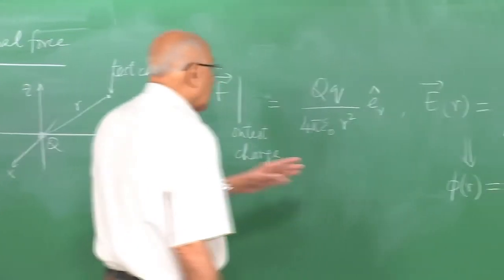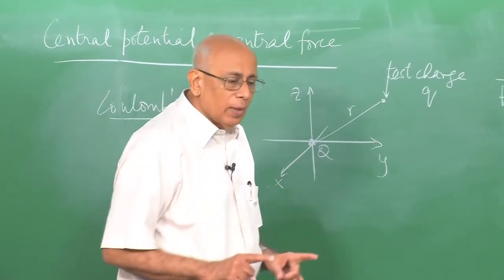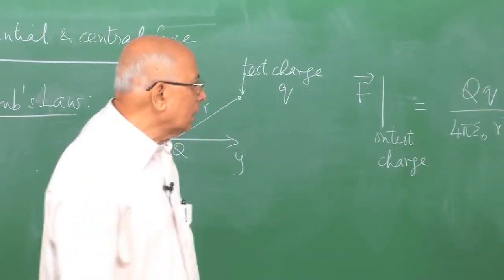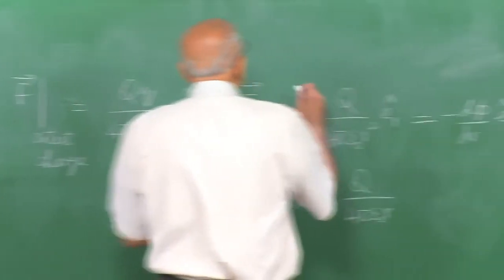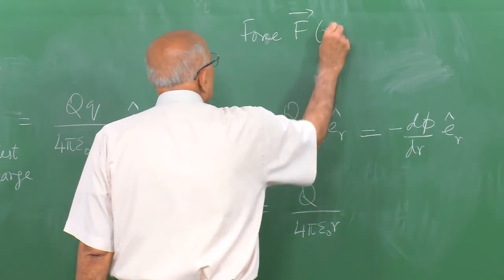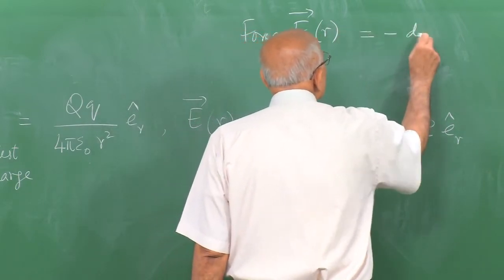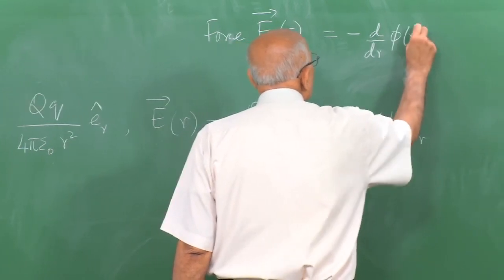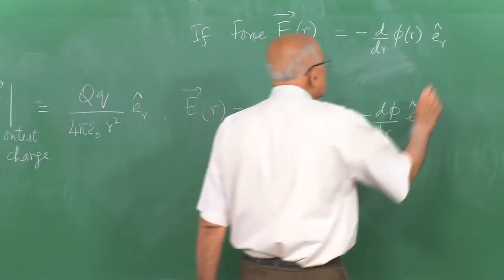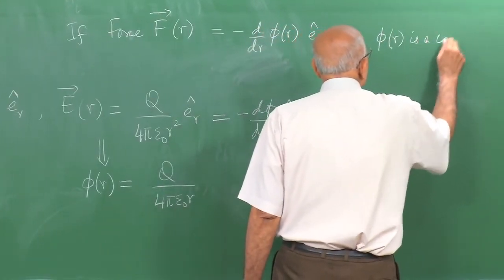Now this is what the electrostatic potential is due to a single charge. The statement is that in general, any time you have a force which is derivable from a potential in this sense, in other words, whenever you have a force F which depends only on the radial distance at any point, if this is equal to minus d over dr phi of r times E sub r, if the force is equal to this, then phi of r is a central potential.